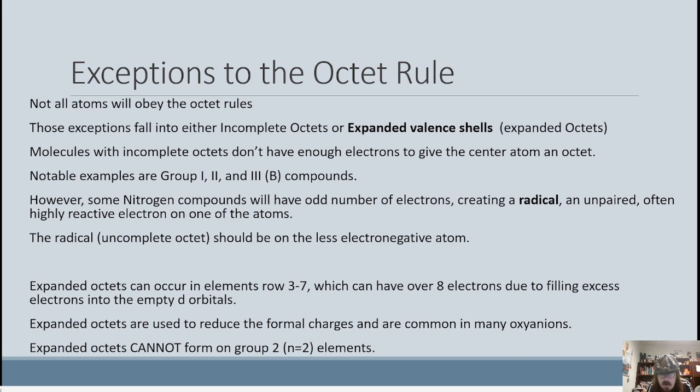Basically, an unpaired electron. Instead of a lone pair, which is the 2 dots, you have a single electron by itself. This is often highly reactive. So, if you can form a radical, these guys react very quickly. Many of our exhaust gases, the nitrogen monoxides, dioxides, trioxides, often will have radicals associated with them, and that's why they are so reactive in the upper atmosphere.